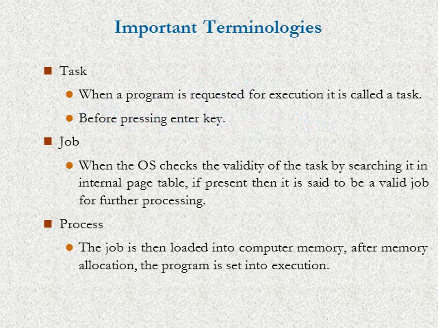So over here we have a set of important terminologies that one should be able to distinguish after completing this course. The first terminology is task. A task is any program that is stored on the hard disk. Before you double click onto some program, or if you are entering some command from the console, so before pressing that enter key, you call something as a task.